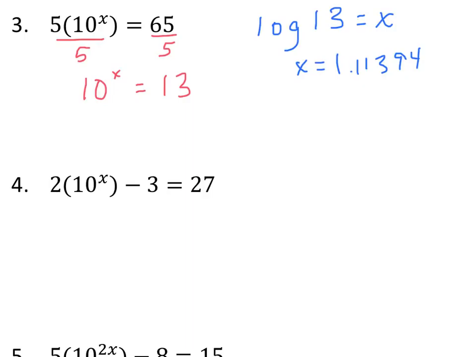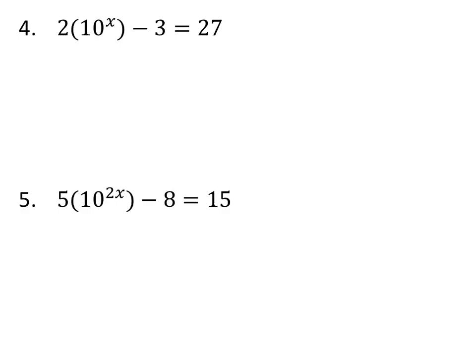Alright, let's move on to number 4. Here there's more to do before I can take the log. I have to get 10 to the x by itself, so I'll start moving everything else to the other side of the equation. I'll start by adding 3 to both sides. That gives me 2 times 10 to the x equals 30.